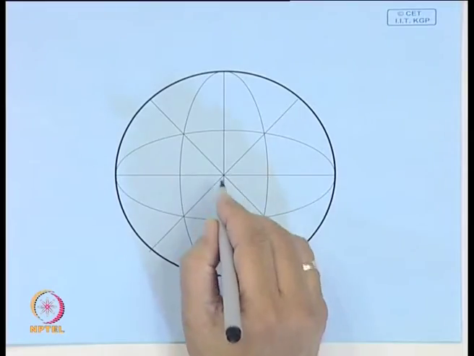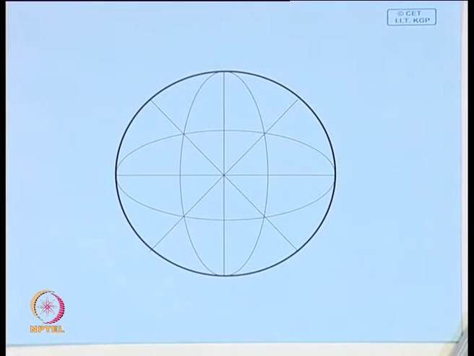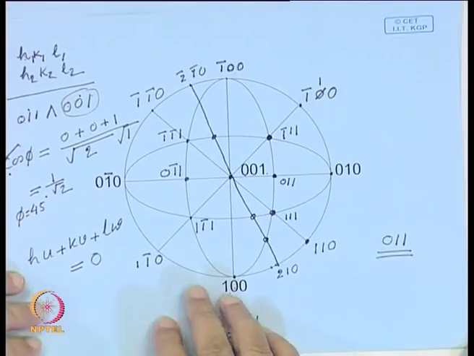Suppose we try to find out, say we had just drawn a standard 0, 0, 1 projection, which was shown here.